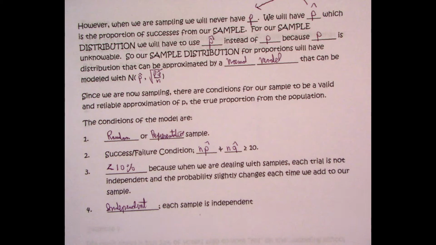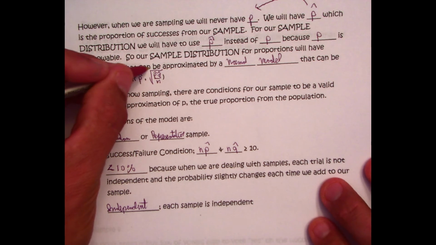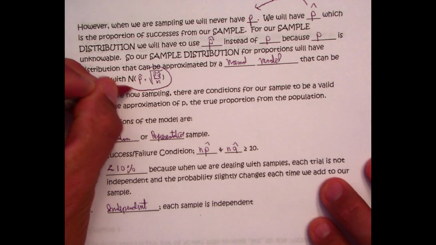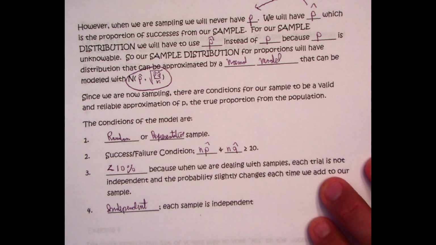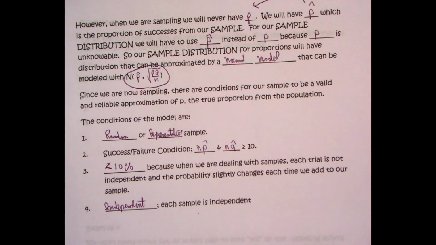Most of the time, samples do not affect each other, so that's usually not an issue. So this is basically going to be our model for our sampling distribution as we move forward dealing with proportions.